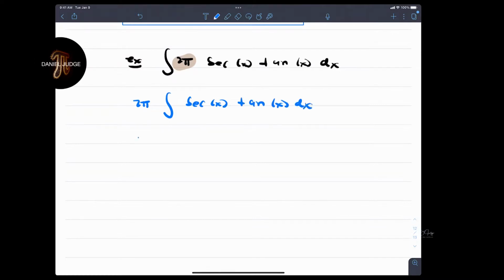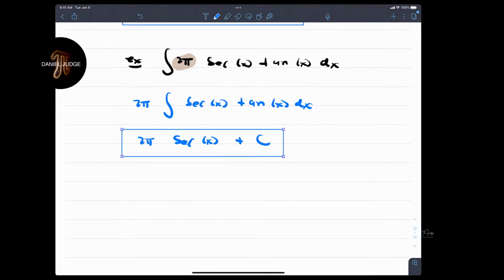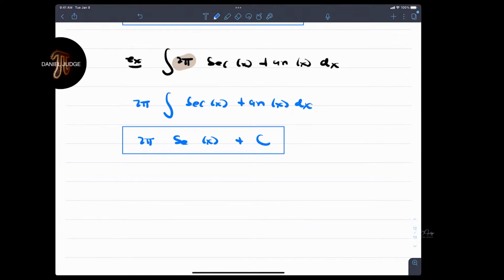So they want you to know, oh, we know the derivative of secant is secant tangent. So this is just secant. So you've got the constant outside here, and that's what they wanted you to recognize. So that's part of this, recognizing some of these integrals and working with some of these identities here.